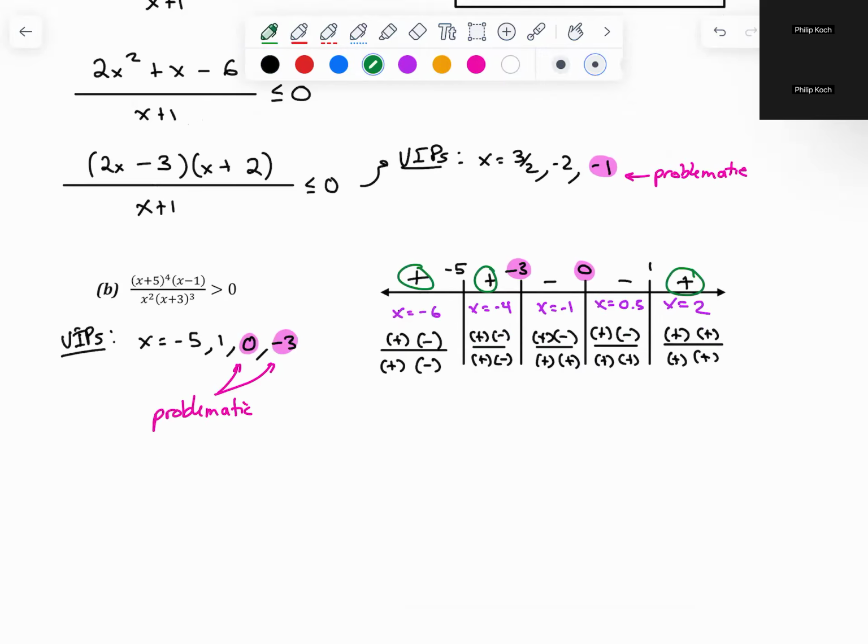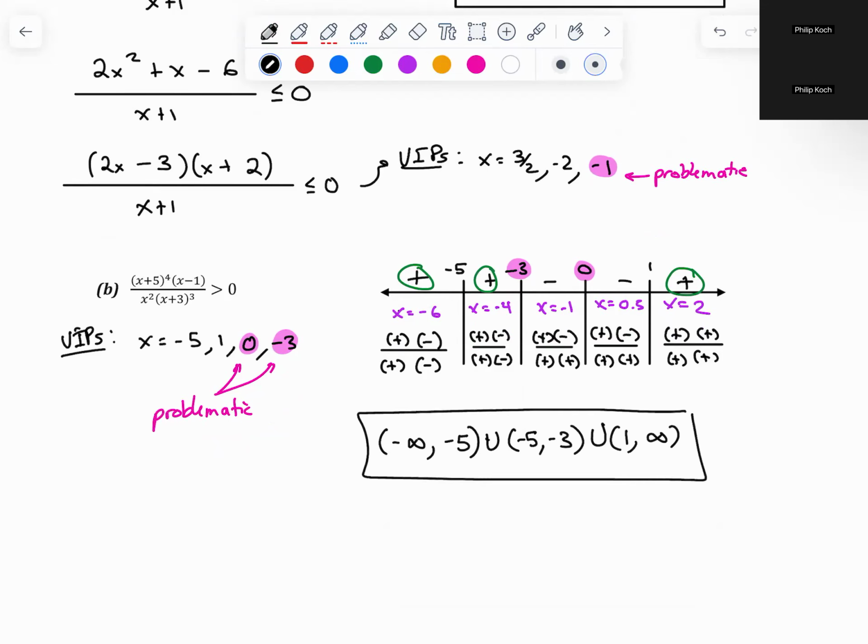This is a strict inequality, so none of the endpoints will be included. So it's going to be 3 intervals, all unioned, all with parentheses. Parenthesis -infinity to -5 parenthesis, union parenthesis -5 to -3 parenthesis, union parenthesis 1 to positive infinity parenthesis.